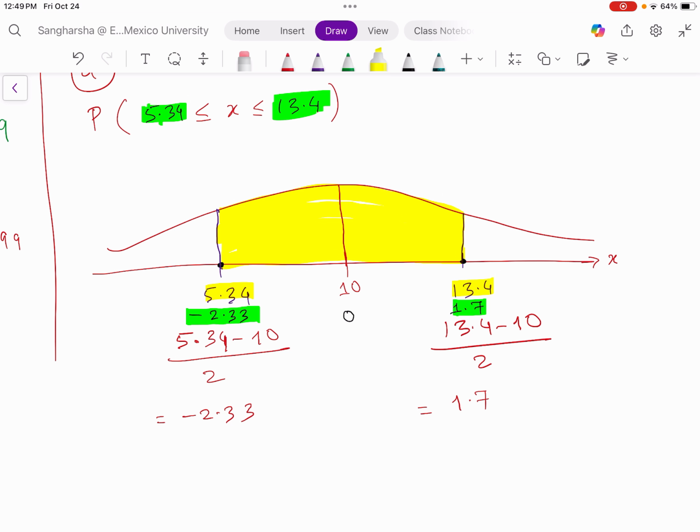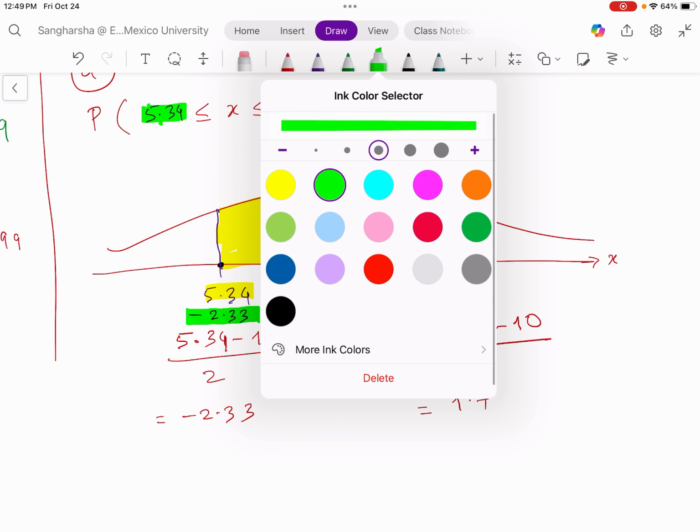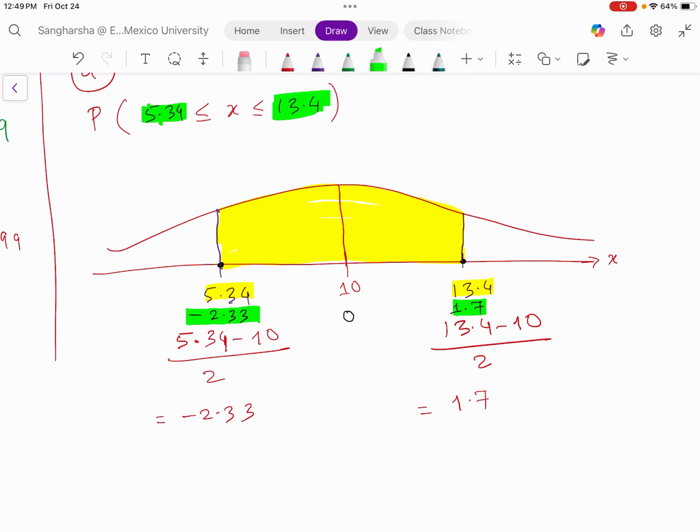Now at first, our z for this point is 1.7. So we can find the area on this part using our z table. We look for 1.7, or we can also rewrite this as 1.70.